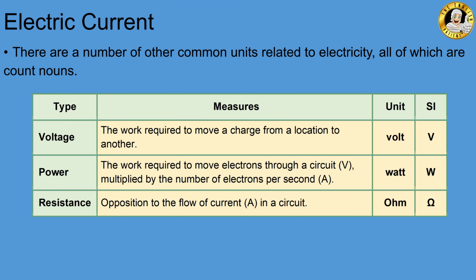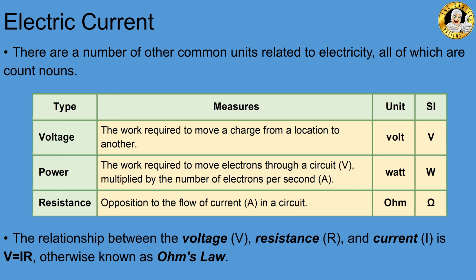Now, there are a number of other units related to electricity, all of them being count nouns. For example, voltage. This is the work required to move a charge from a location to another. And the unit is volt, 1 volt, 2 volts, symbol capital V. For power, this is the work required to move electrons through a circuit, multiplied by the number of electrons per second.